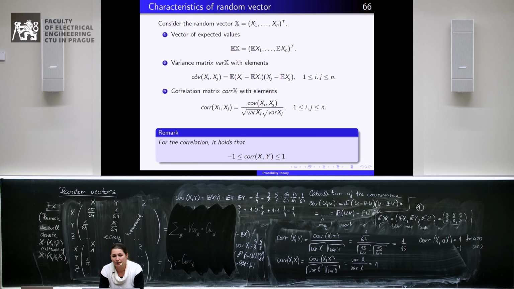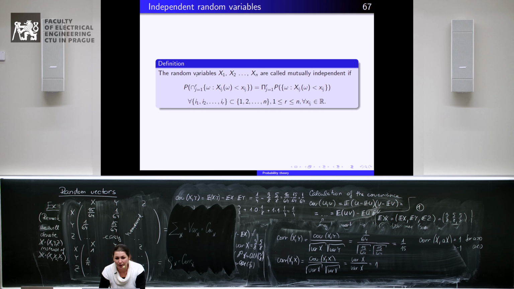So this was the topic of characteristics of random vector. And now, finally, we go to the term which I used very often, but I'm ashamed without a definition. And the term is the independence of random variables.